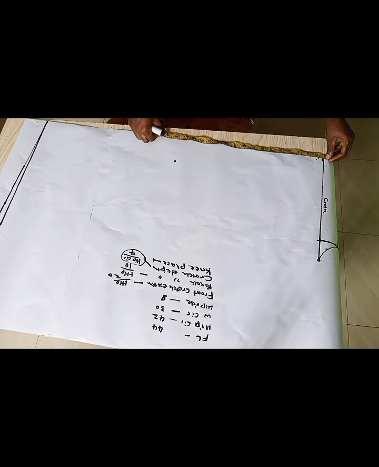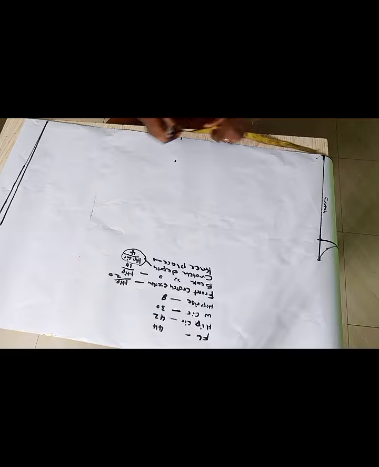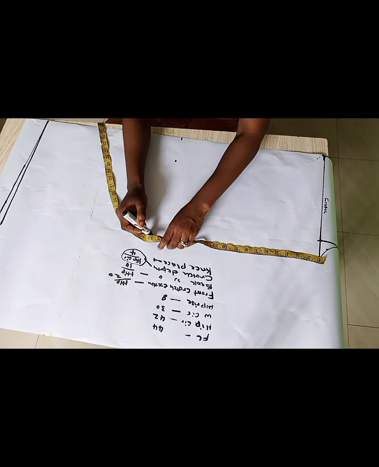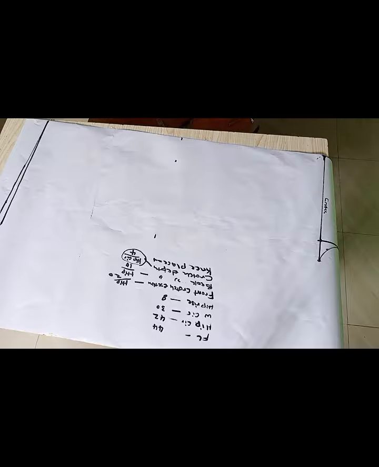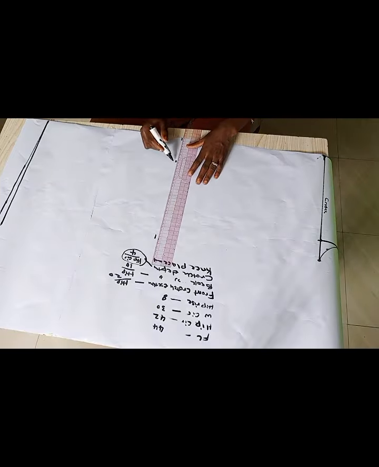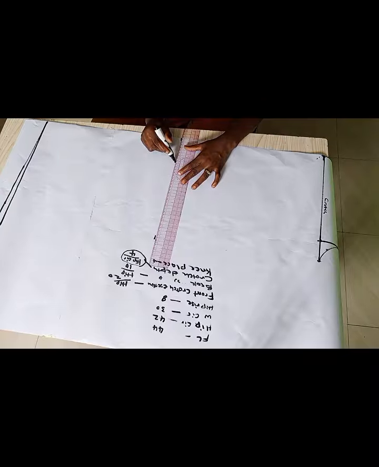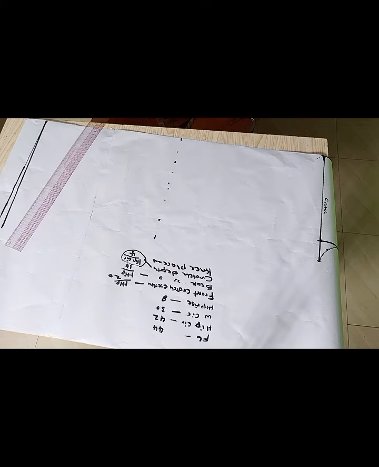Okay, the 16.5. So you will insert a line here. Well, for you not to get confused, that's the reason why I want to insert a line here first. Or let's make it a dotted line, because this is not a permanent line. Okay, so we have our dotted line here.